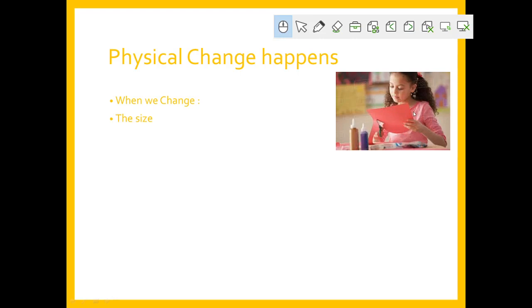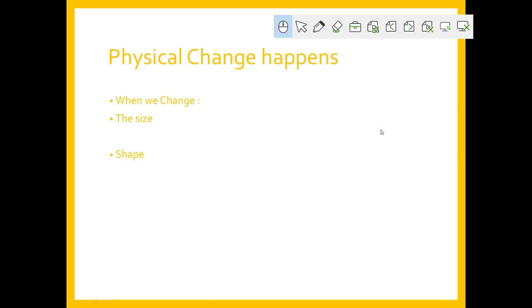Here it was a rectangle. Now we change the shape into this one, I guess square, and this one a thin rectangle.